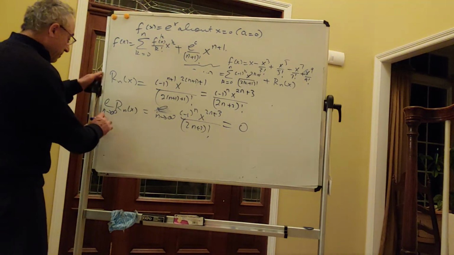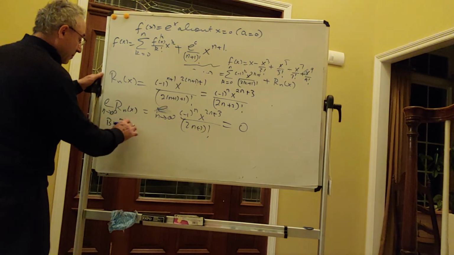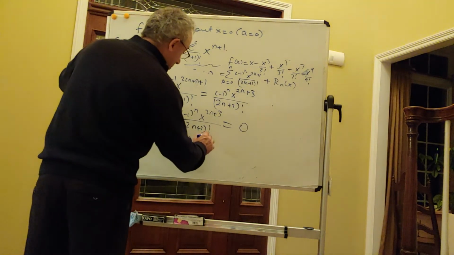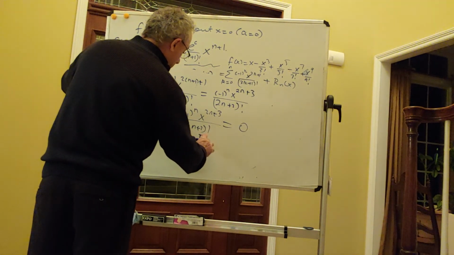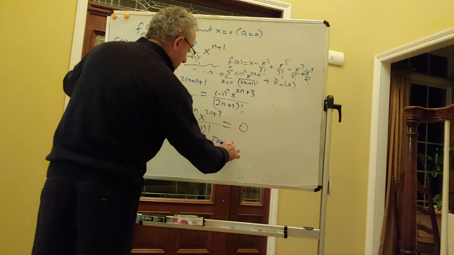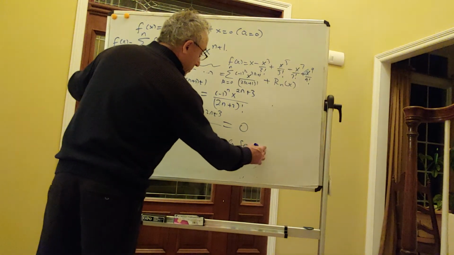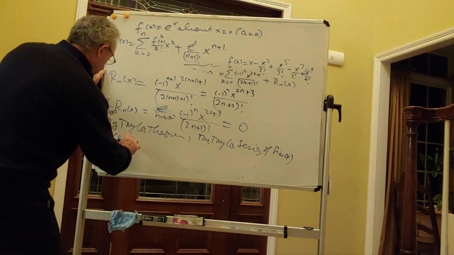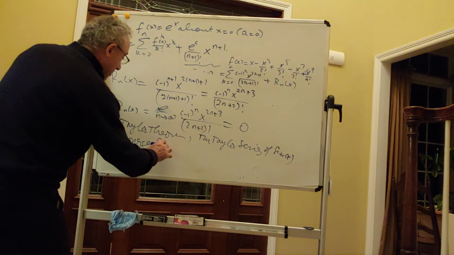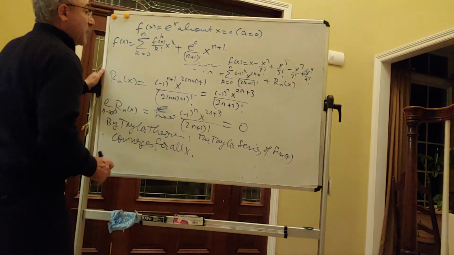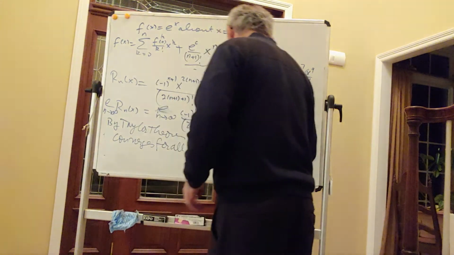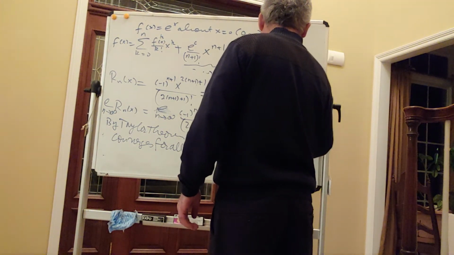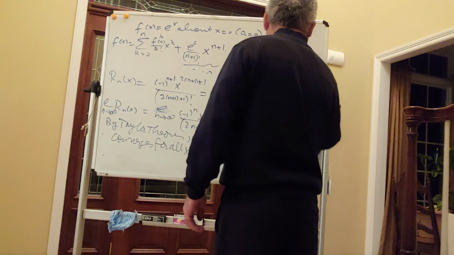So by Taylor's theorem, we say the Taylor series of sine x converges for all x. So basically now what we can do is write sine x as the sum, now we're going to switch to n equals 0 to infinity.